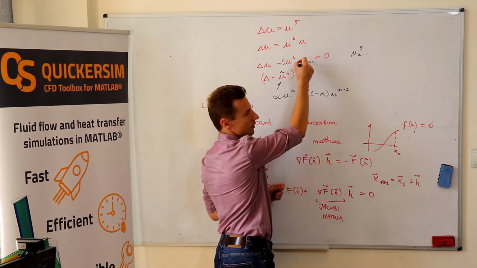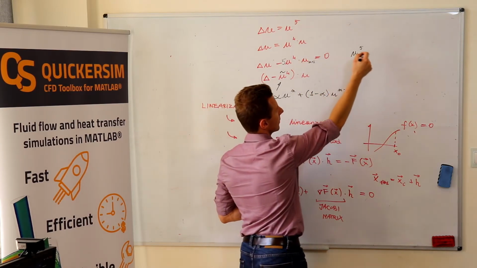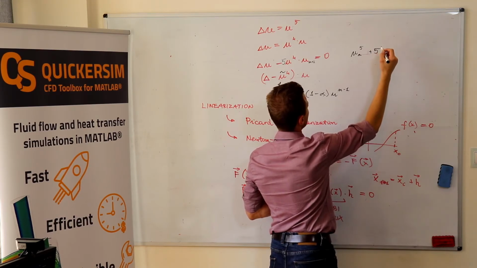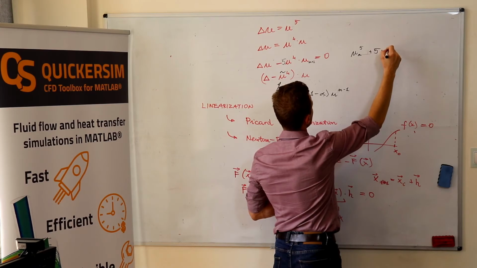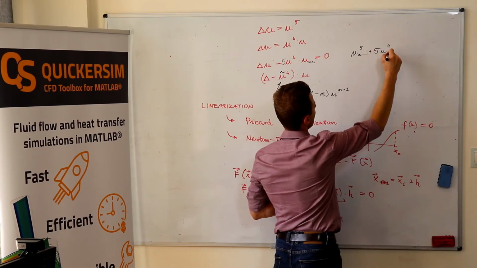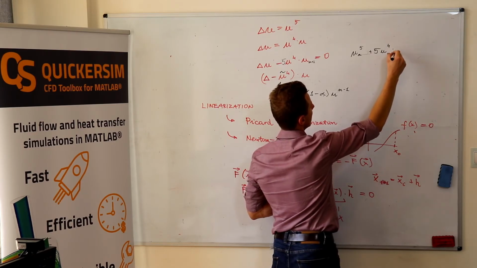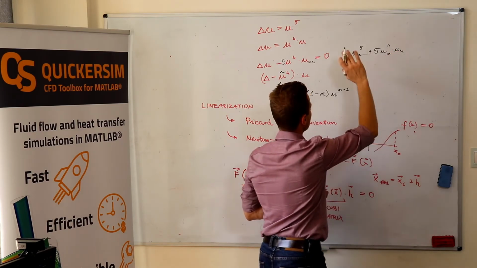So you mean what here? No, on the right-hand side you will have plus u to the power of 4 times n and times u^n. Okay, might be. Whatever.